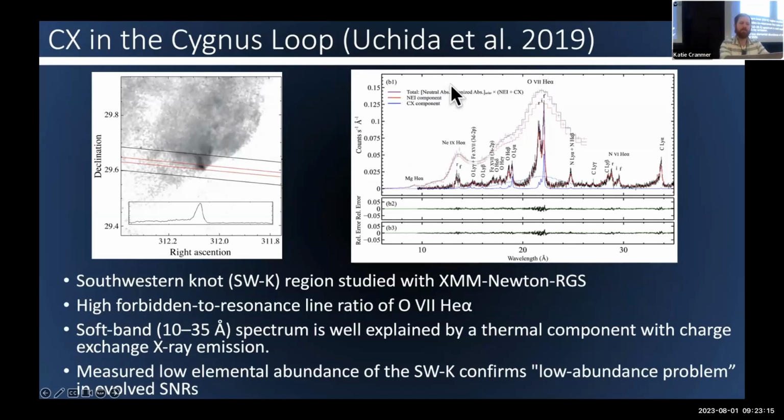So they fit the spectrum with an NEI component, but added in a charge exchange component, and that very nicely explains the shape of the spectrum. After they add in this charge exchange component, they measure the elemental abundance, and they find that it's still low compared to what you would expect. And so even with charge exchange included, we still have this issue in evolved SNRs, supernova remnants, this low abundance problem where you see abundances lower than you would expect.